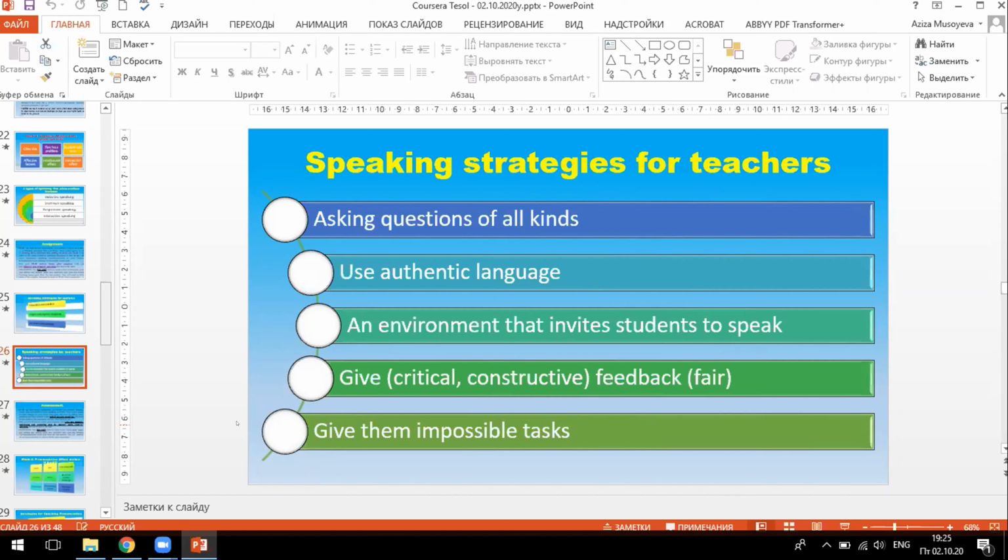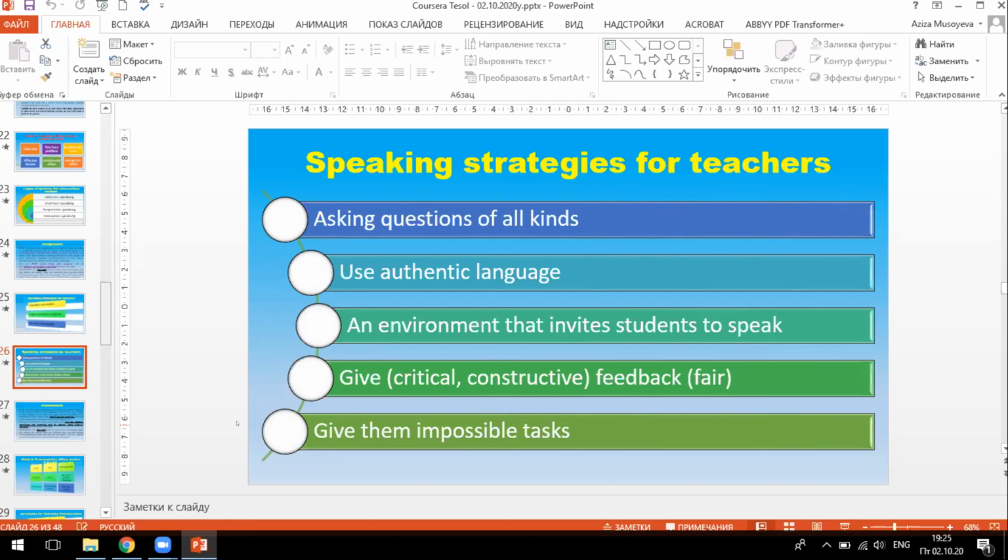Even if they are doing very badly, if you say, oh, you're doing good, maybe for some period it can be okay, but if it is not fair, it may influence the students. That's why it should be, I think, more constructive and fair.